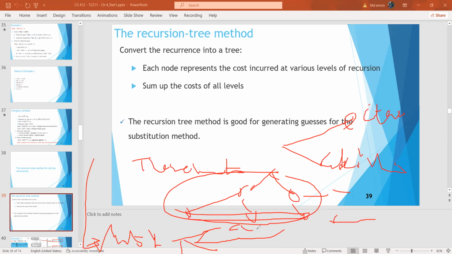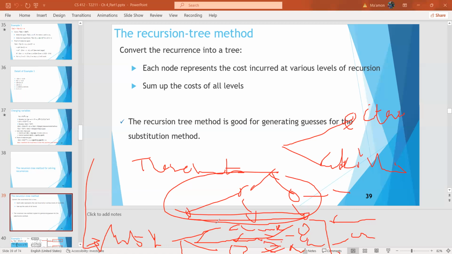If the growth of the function is less, equal, or greater, we will use theta or big O, or we will just use some formula for this.